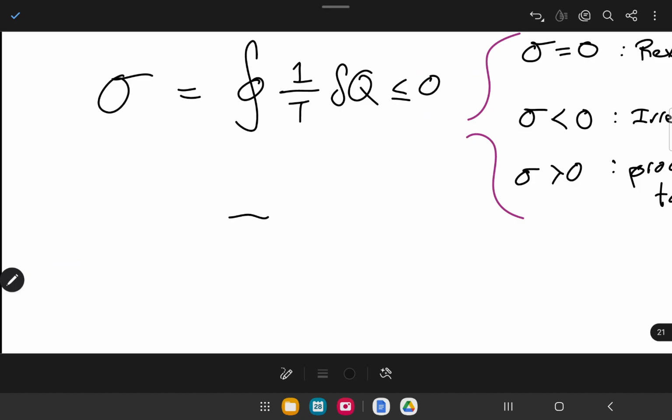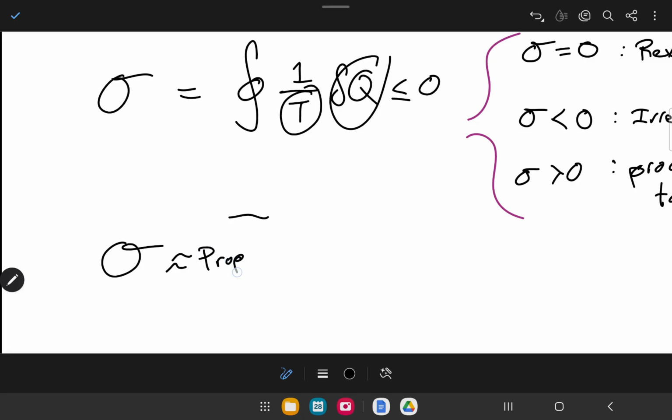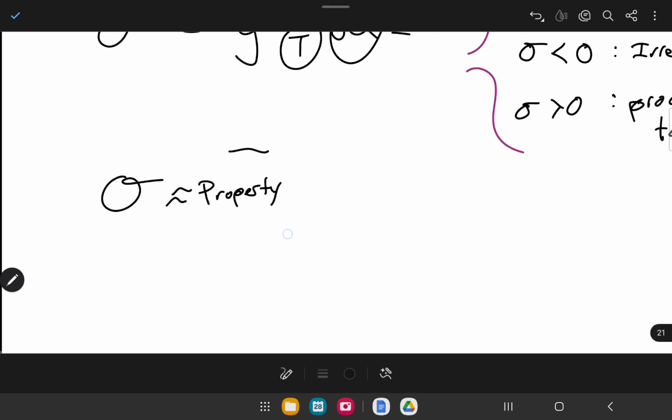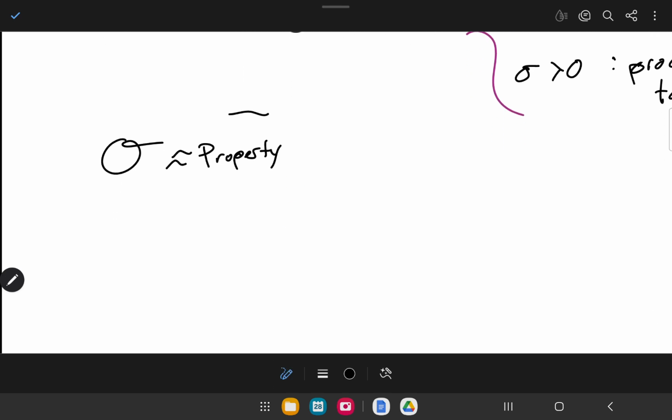The last thing I want to bring up is that we can see that temperature and heat transfer are properties of a system. That also shows that sigma is going to be a property. When sigma is a property, we're going to just rename it.